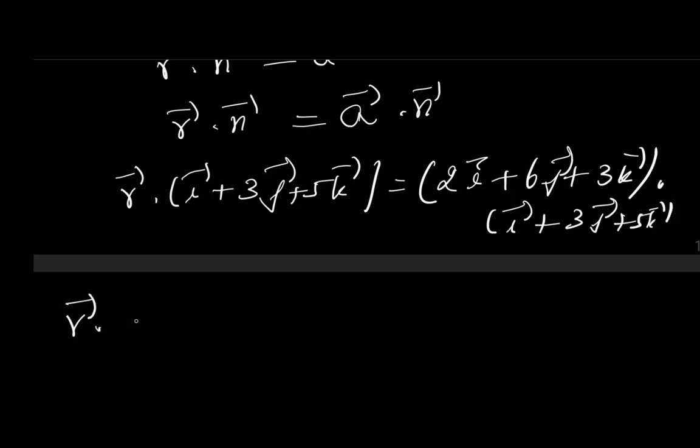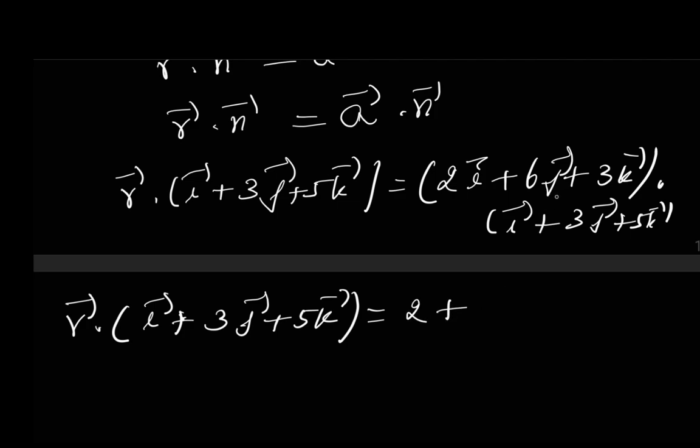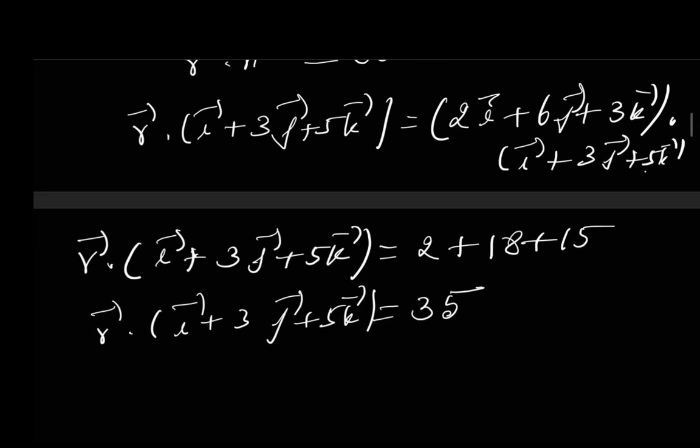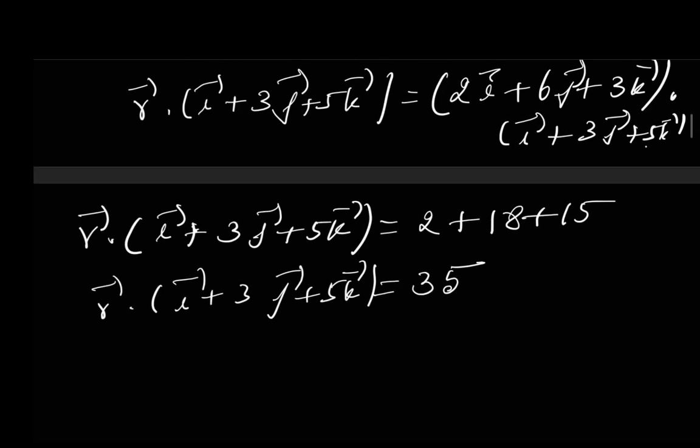So R dot (i plus 3j plus 5k) is equal to: i dot i is 1, so 1 times 2 is 2, plus j dot j is 1, 6 times 3 is 18, plus 3 times 5 is 15. So this is equal to 35. On the left side, vector R dot (i plus 3j plus 5k). So this is the vector equation of the plane, the answer for the first question.